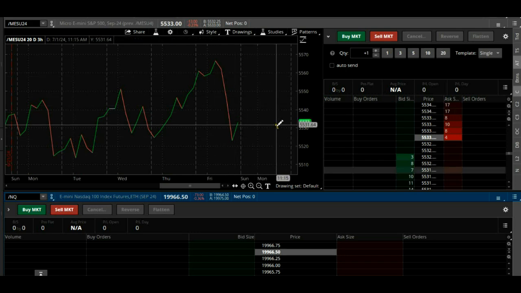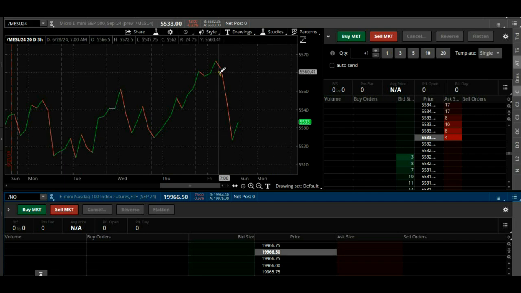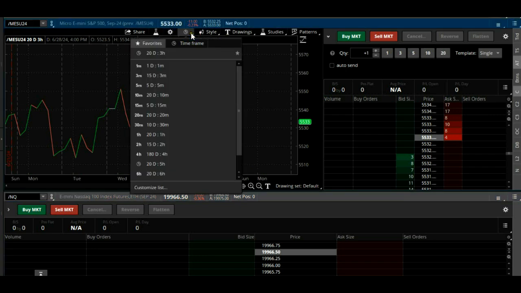Can't do anything here right now unless we break the bottom of the fractal here. That means we go down. If we go above the fractal here, we're going up. So you have to look at all the markets and all the time frames, and you need to set up a grid like I have here.